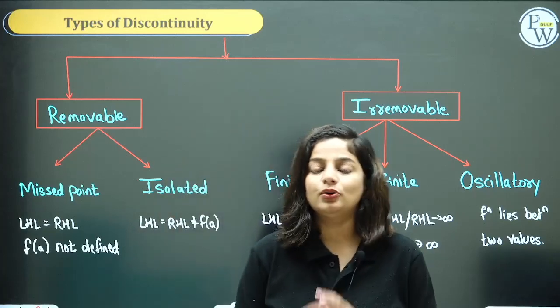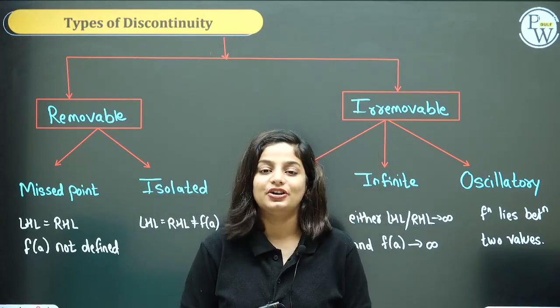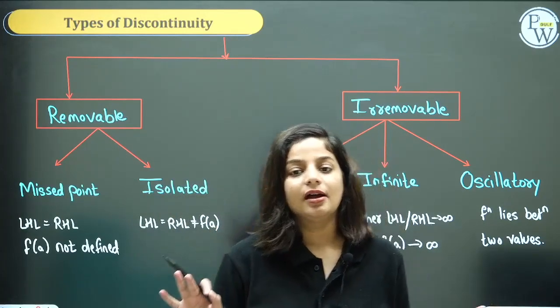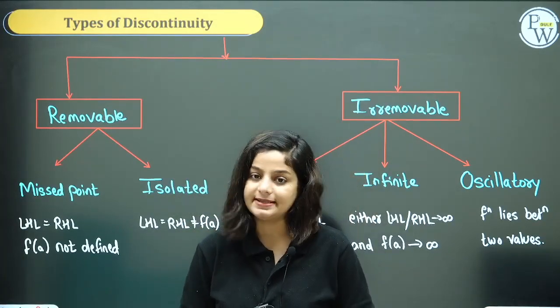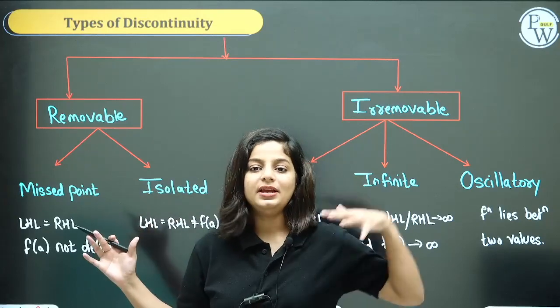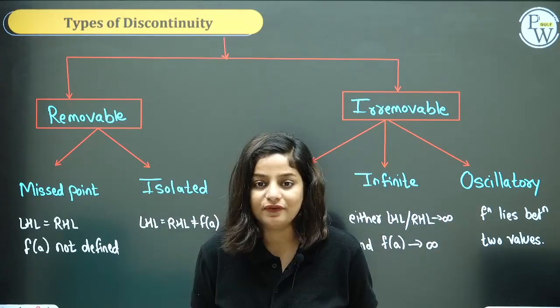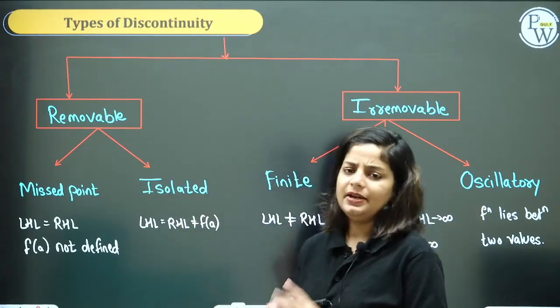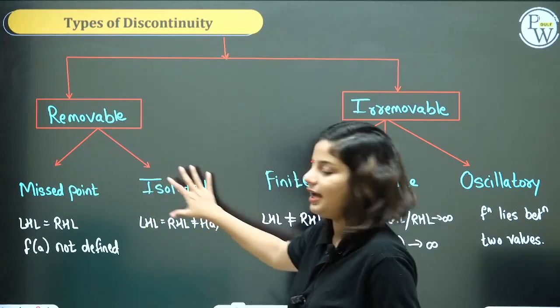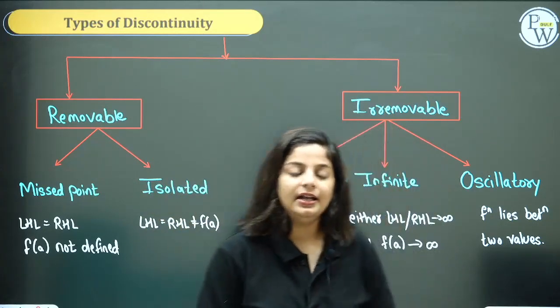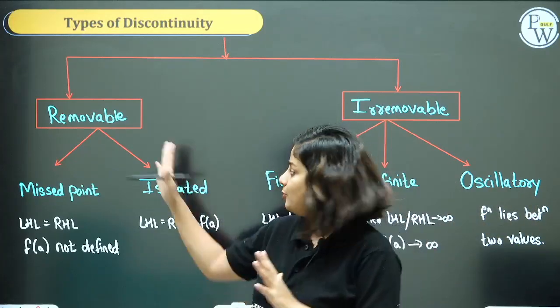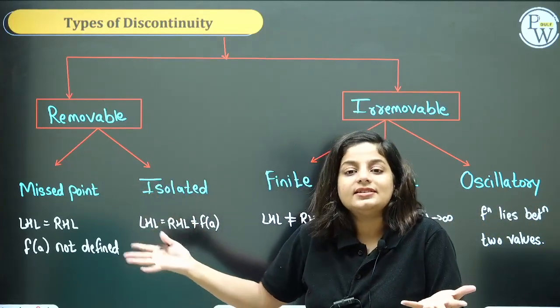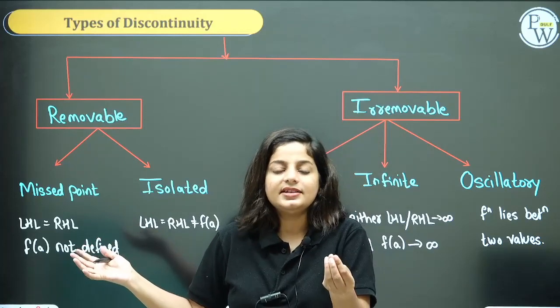Let's talk about the types of discontinuity. Very important topic. It is not there in NCERT but it is in entrance examinations. Removable and irremovable are the two types of discontinuity. Again, in removable, there are missed point and isolated. And in irremovable, finite, infinite and oscillatory. Removable discontinuity itself says that such discontinuities are very nice, easy, simple.